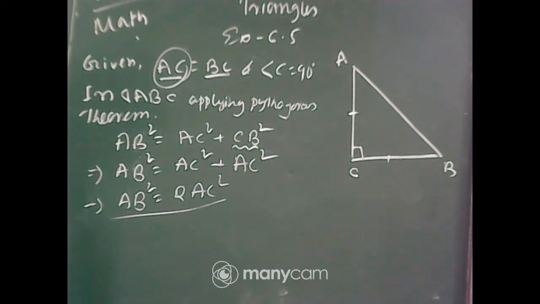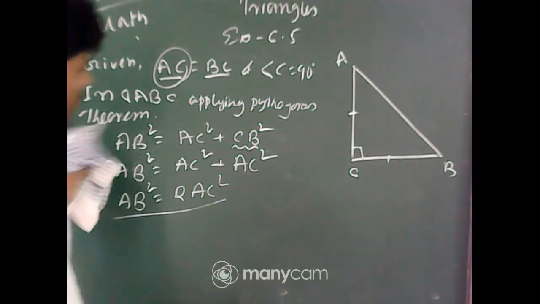Now, shall we move to the next question? Yes, okay. So just have a look at the question. ABC is a right isosceles triangle, and if AB square equals 2AC square, then prove that ABC is a right angle triangle.